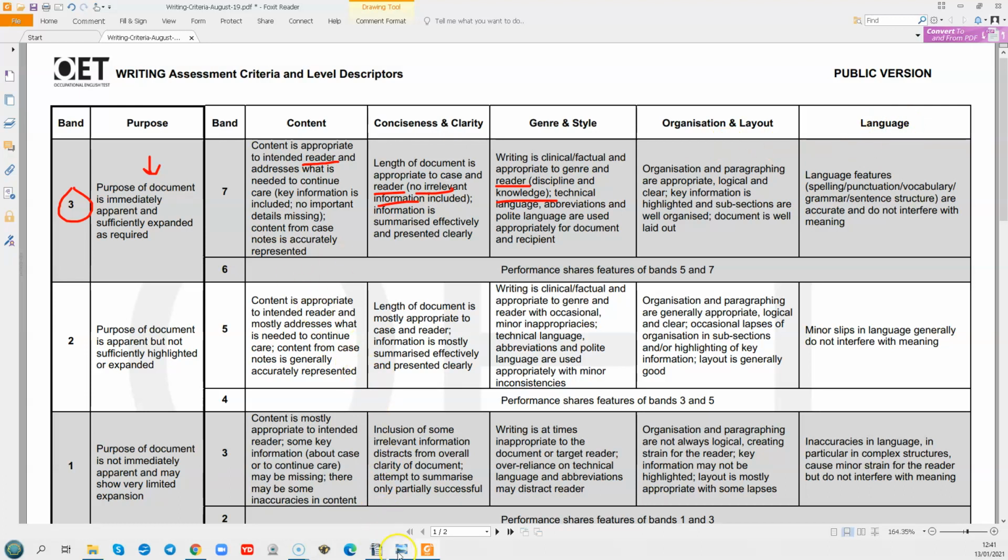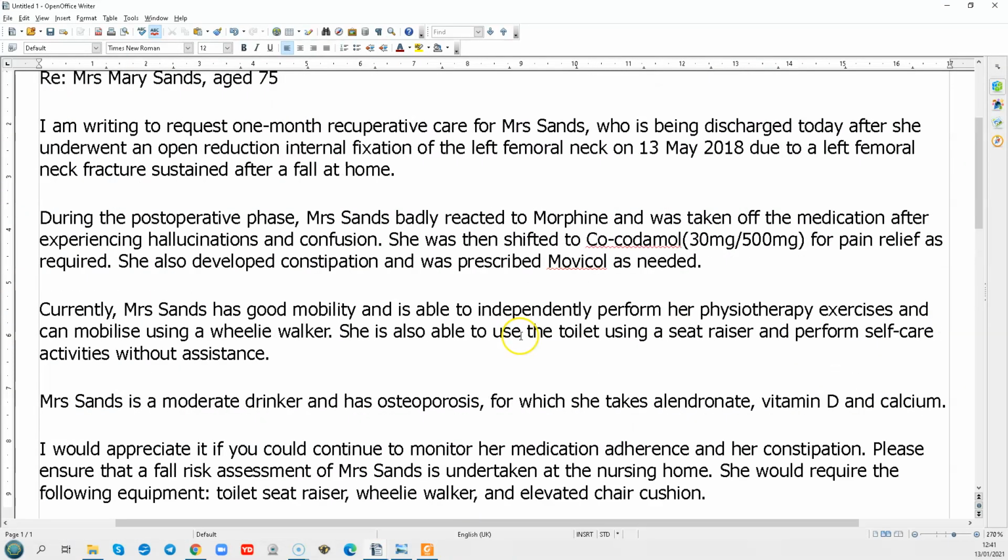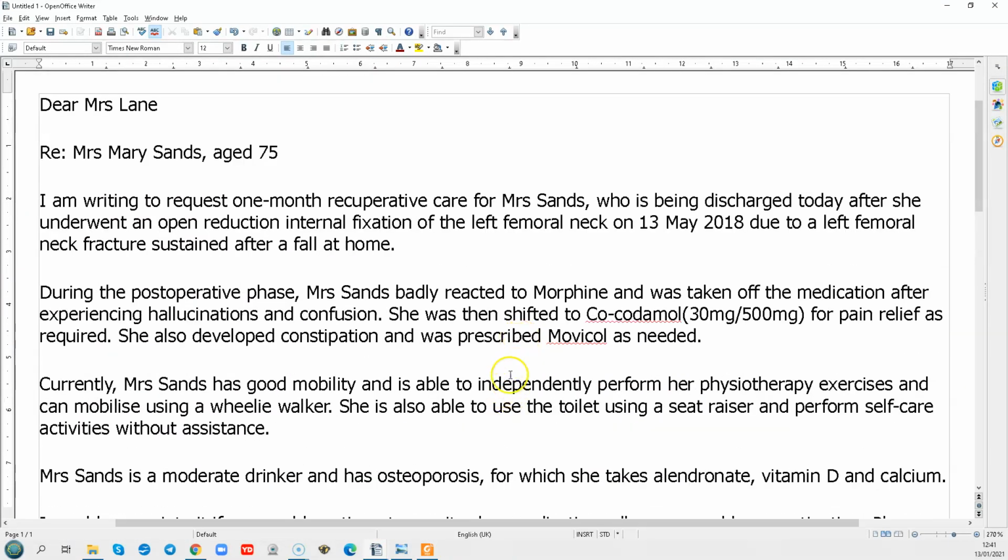Okay, now one thing that I noticed about this, you're writing to the manager of a nursing home, responsible for the patient's 1 month recuperative care. So it's a manager of a nursing home. Now these people are not usually doctors. They are management. So that being said, there's some things here that they don't need.